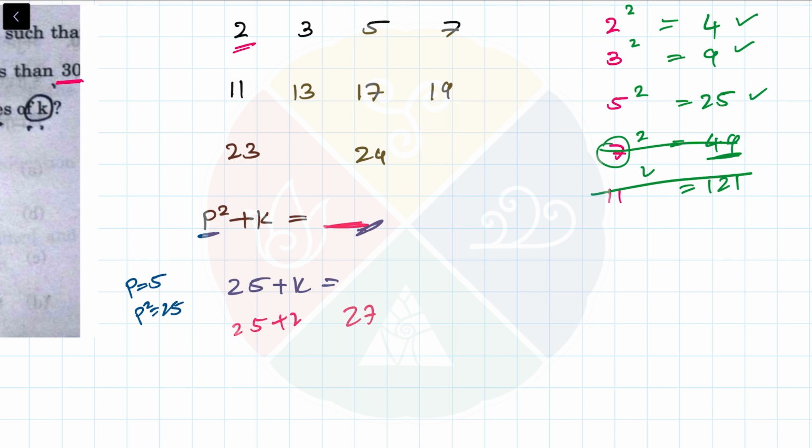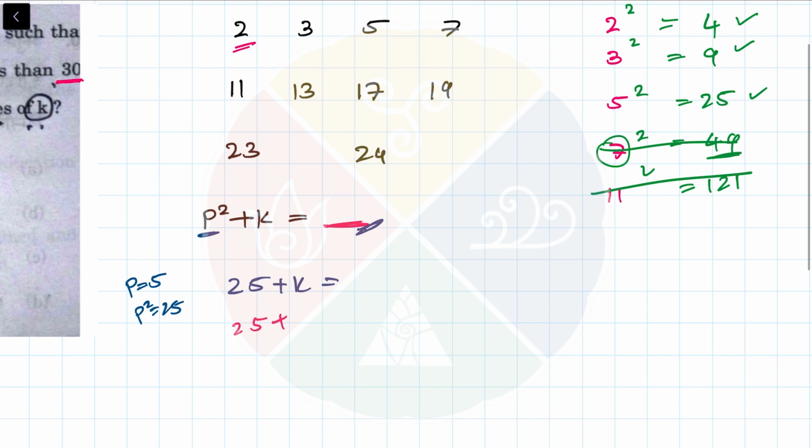So k is not 2. If it is 3, I am going to get 28, which is not a prime number. If it is 5, it is going to be 30, which is not less than 30. So it cannot be 5, and any value above that will also not work, so I don't need to substitute. That basically means p is not 5.